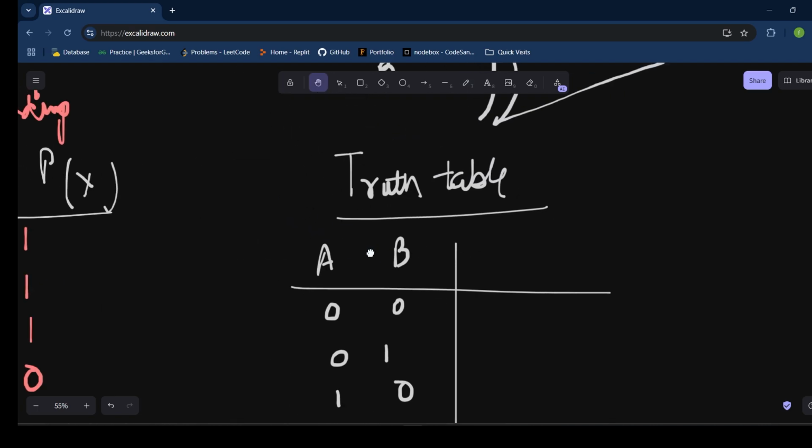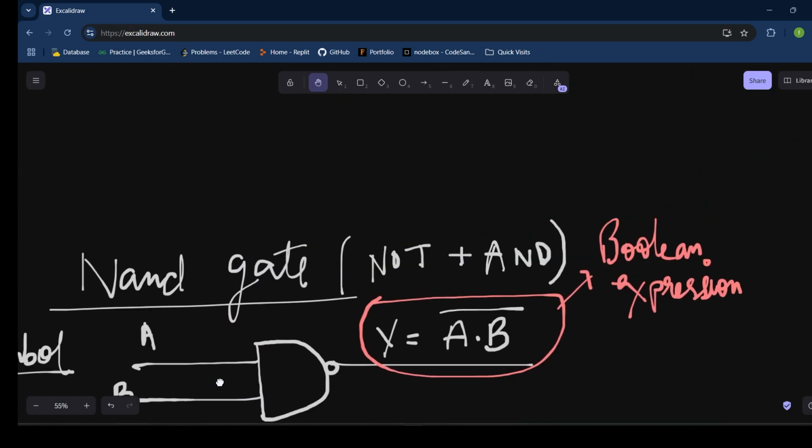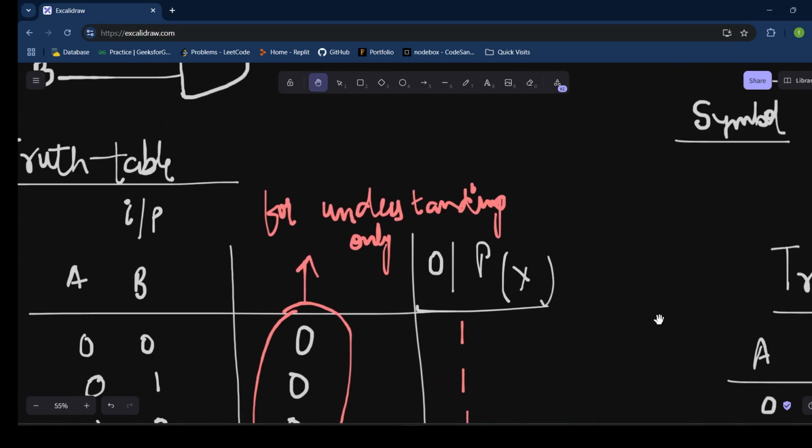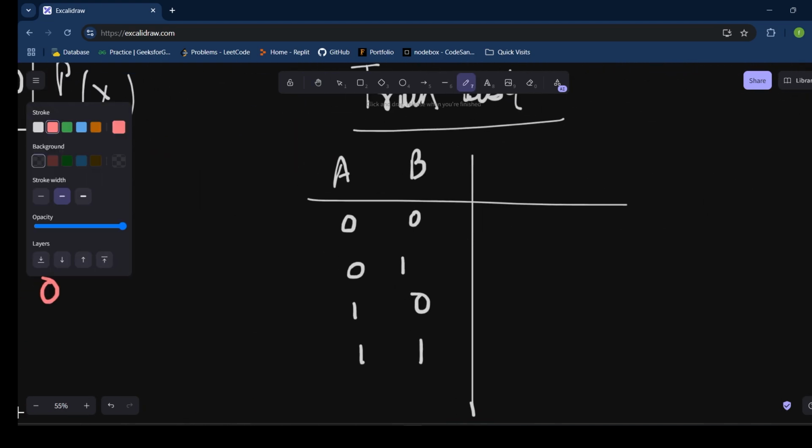So as we have discussed, for XOR, output will be 1 when the inputs are different. So here we have different inputs like 0 1, 1 0. So the output would be 1, 1 for this.